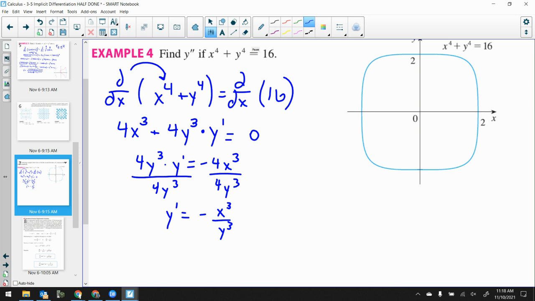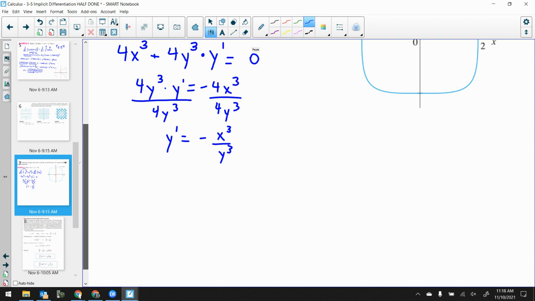Okay, that's y single prime, right? Now let's find y double prime. Let's differentiate that. Now watch what's going to happen here. I know that is y single prime, and that is still in terms of y, right?